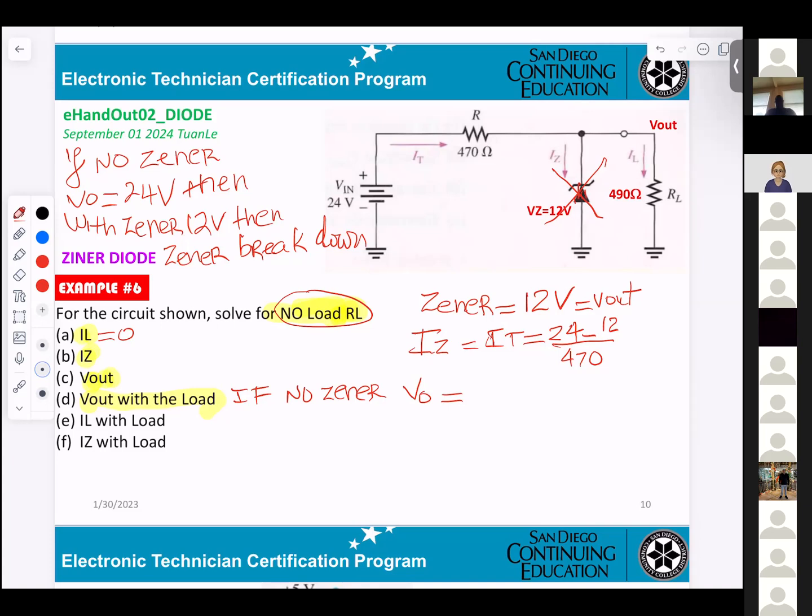How can we calculate the V out? Tell me how can we calculate the V out? Who knows? Tell me the formula. V out with the load. Now you can get only that one and that one. I want to calculate the V out.